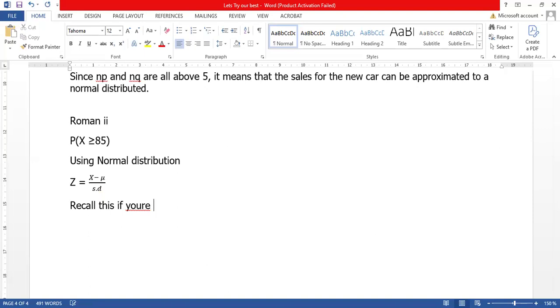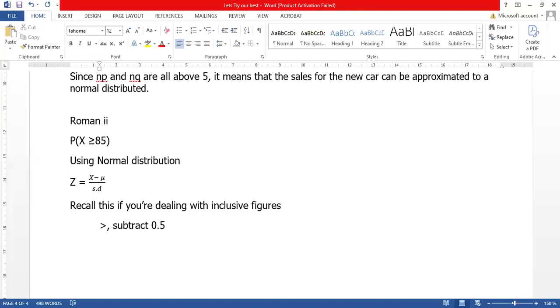If it is greater, what do we do, subtract or add? If it is greater, you subtract.